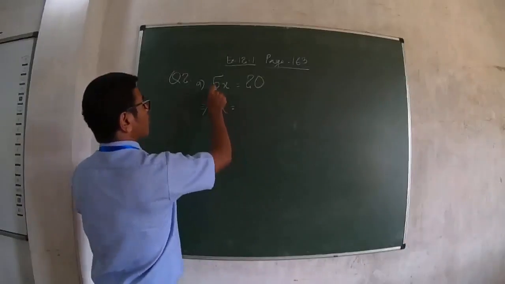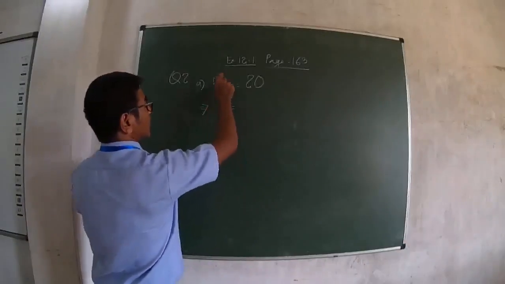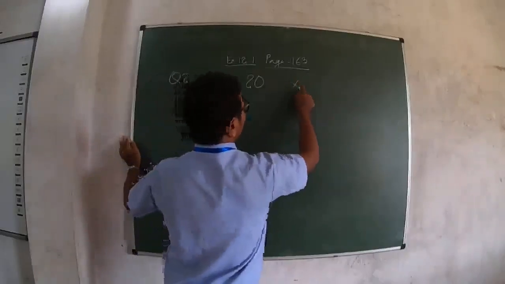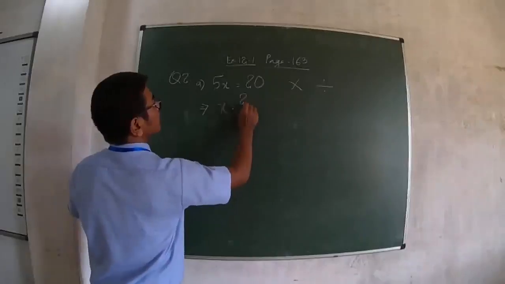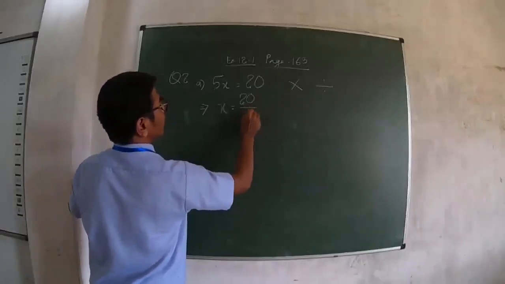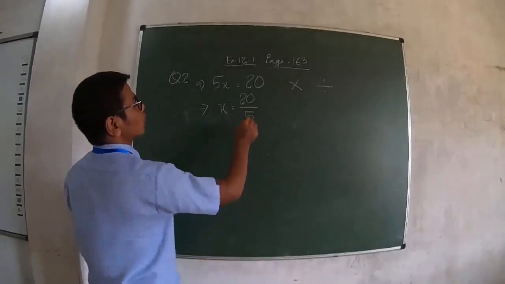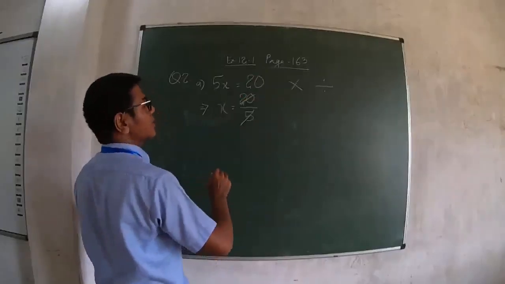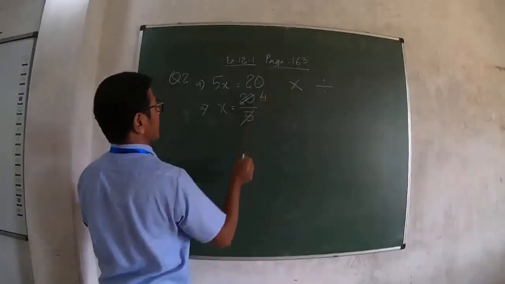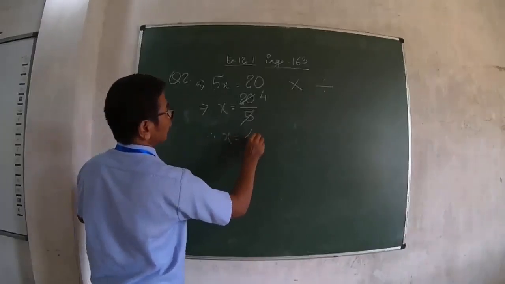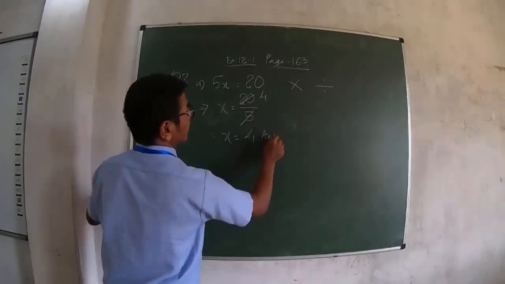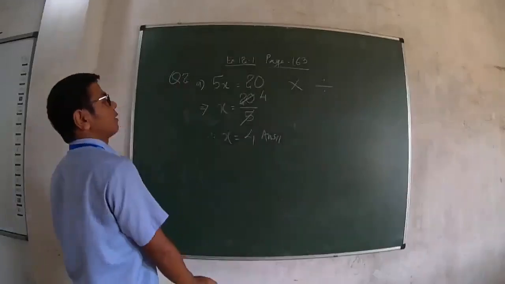When 5 is a multiply, when it goes to the other side, it becomes a divide. So 20 divided by 5. So now 5 how much is 20? Thereby we see x equal to 4. That is the solution. You can again check.